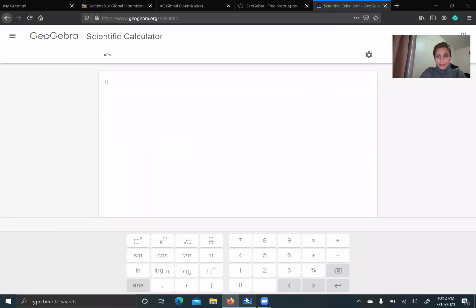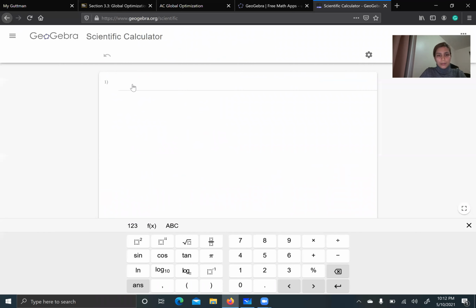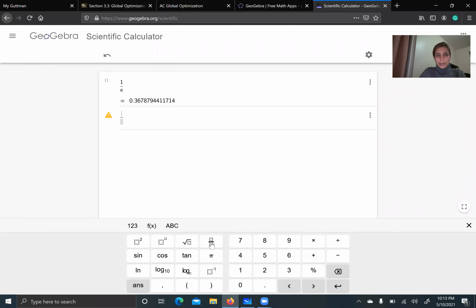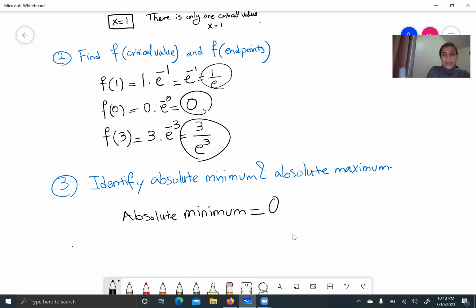One of them is 1 over e, and the other one is 3 over e to the 3. Between these two values, the largest one is 3 over e to the 3. So that's the greatest one, and that's going to be the absolute maximum.